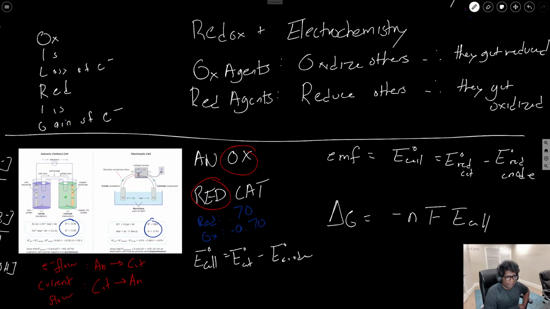You'll learn about that more in physics, but for the sake of the constant, it's about 100,000. The real value is like 96,400, but for plugging things in, I don't want to do too much math, so 100,000 is more than enough.